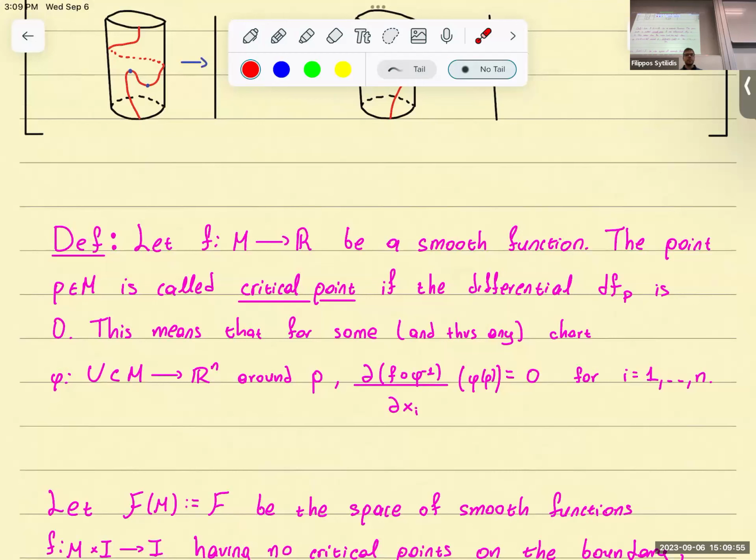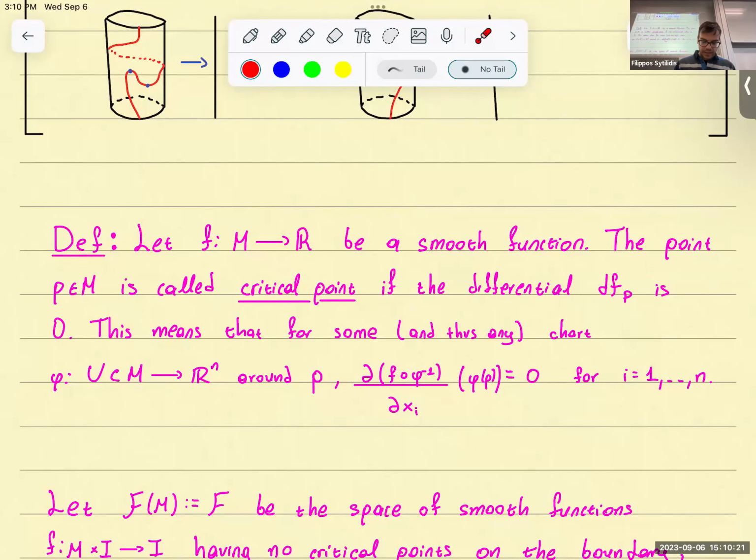That means that there exists some coordinate chart, and then it would be true for any, where I can calculate all the partial derivatives in this coordinate chart explicitly, and I get 0 at the point corresponding to p for all of them. So that's what a critical point is.